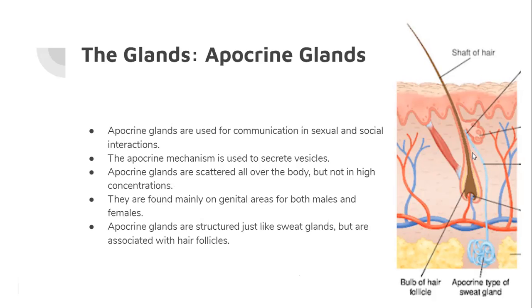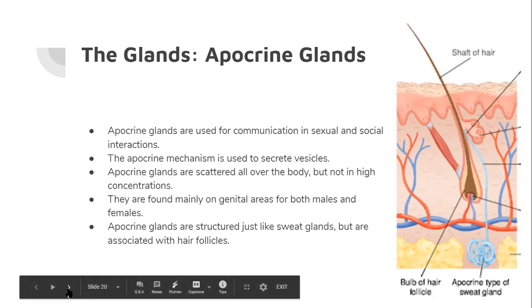It can be found anywhere. So the apocrine mechanism is used to secrete the vesicles, and it's just these vesicles that are released and then later are broken down as well. So they're scattered all over the body, but they're not in high concentrations, and they're found mainly on genital areas for both males and females.